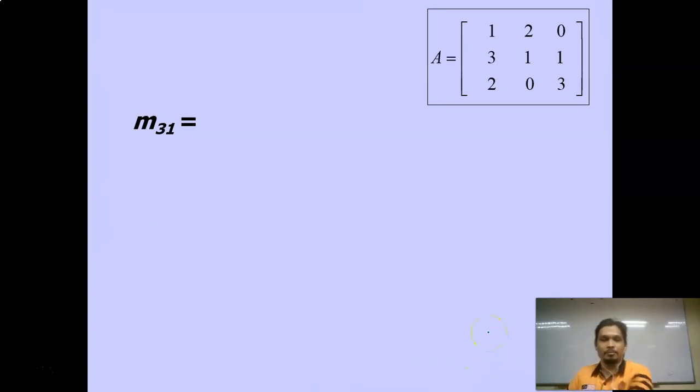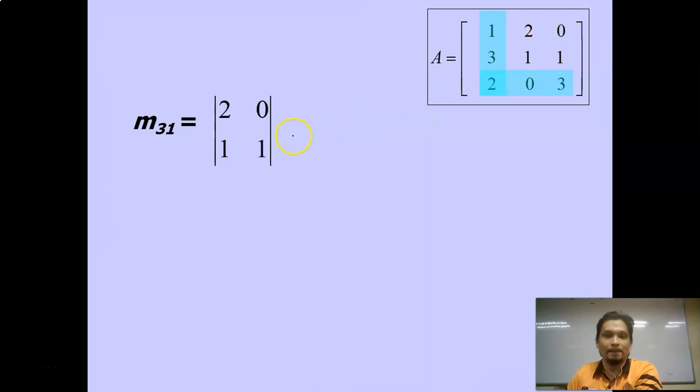Then next, M31. Delete the third row and the first column. So you can see here now it is 2, 0, 1, 1. So 2 times 1 minus 0 times 1, 2 minus 0 equal to 2.